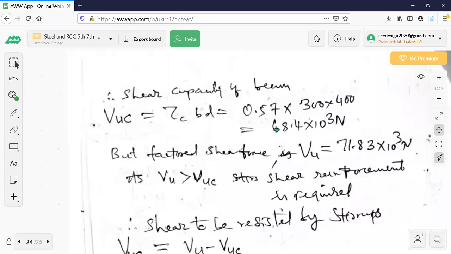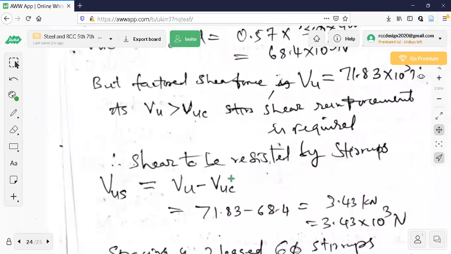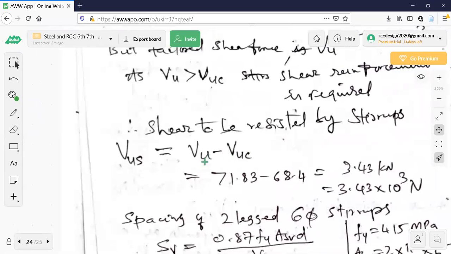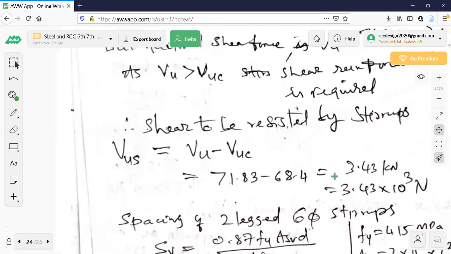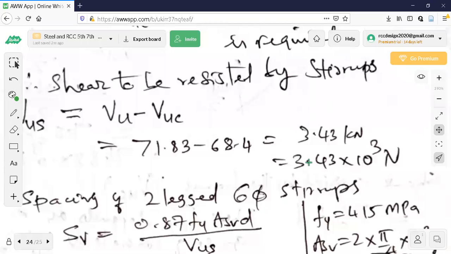So whatever is the balance, whatever is the difference between these two, that much is the responsibility of stirrups. Observe. So shear to be resisted by stirrups is factored shear force Vu minus shear carried by the beam. So the difference in these two is very small actually, 3.43. So 3.43 is the shear to be resisted by the stirrups.